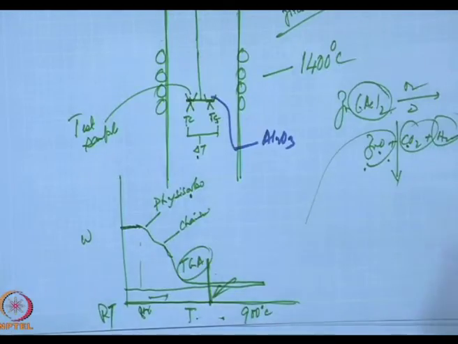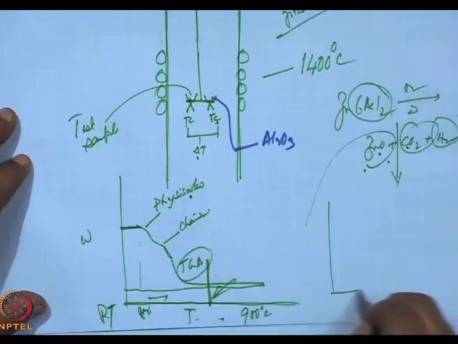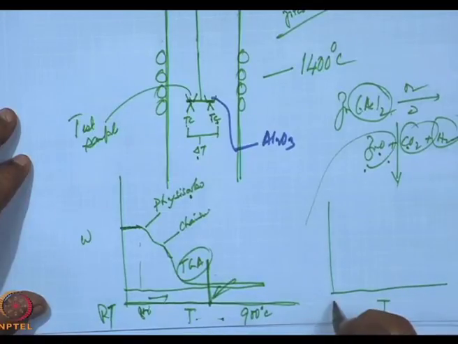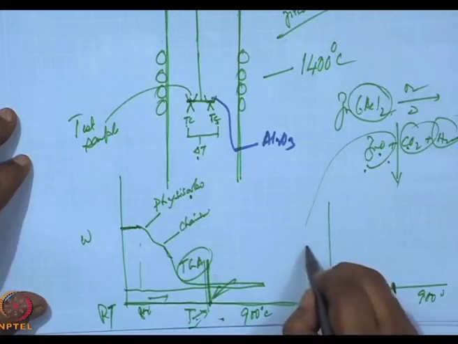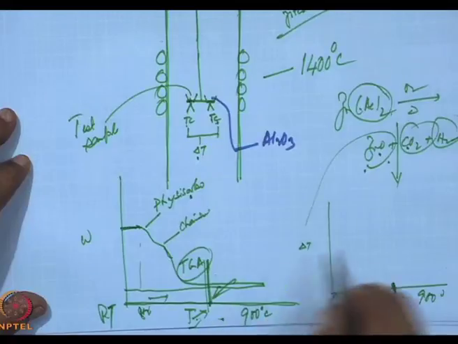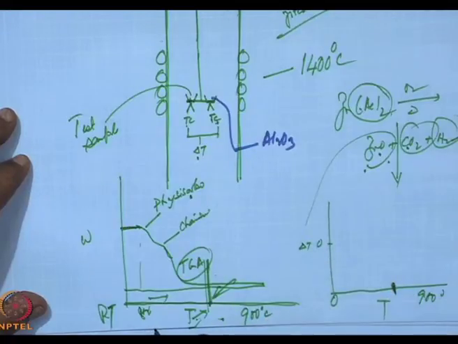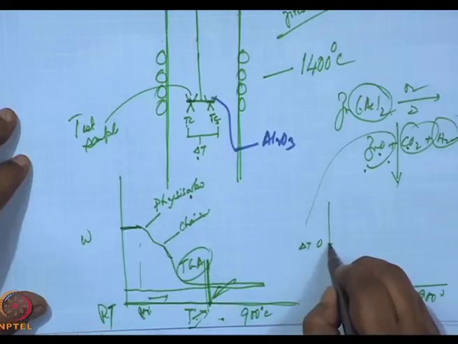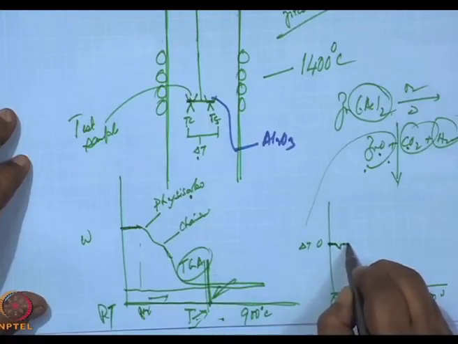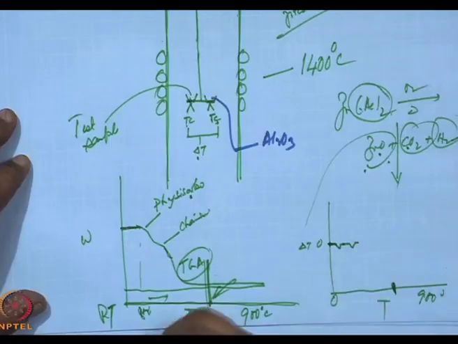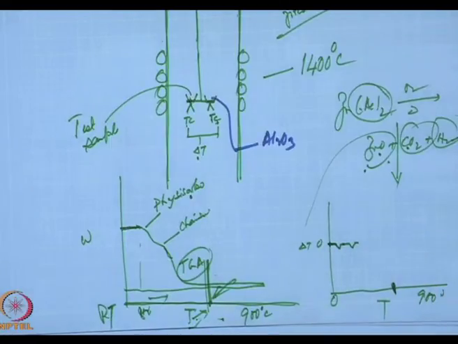Because this whole thing is cluttered, this is 0, this is 900 degrees centigrade, and this is where TGA said decomposition is complete, and I measure the del T. This is 0. So what will happen as the water is lost, I will get this. As the chemisorbed water is lost, I will get another blip, because the heat will be taken away.